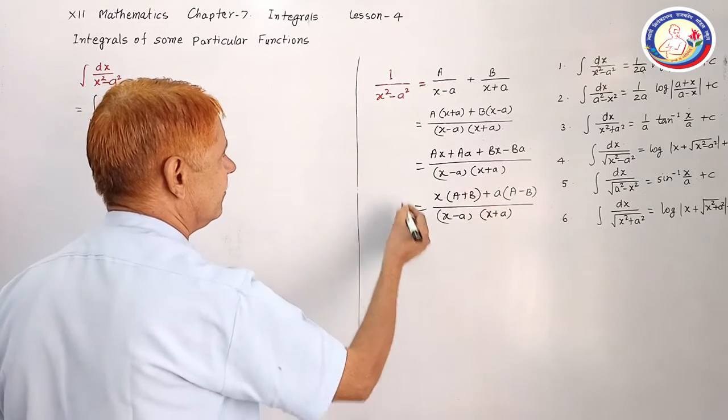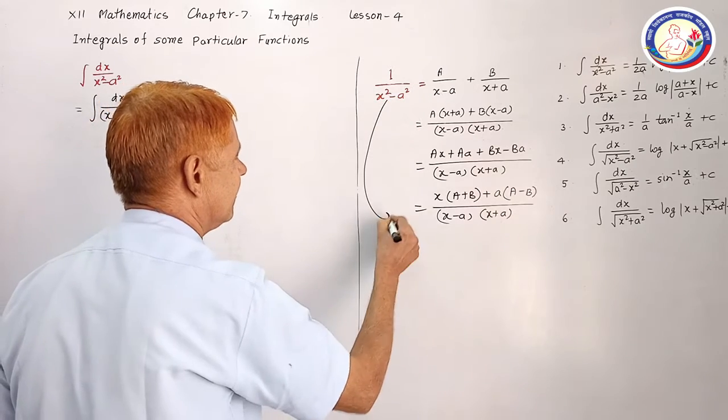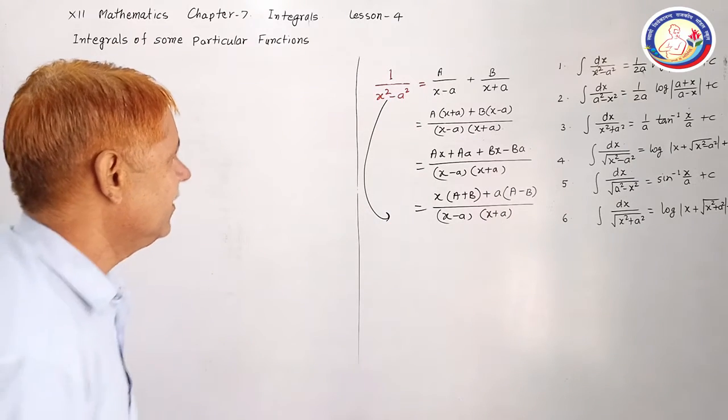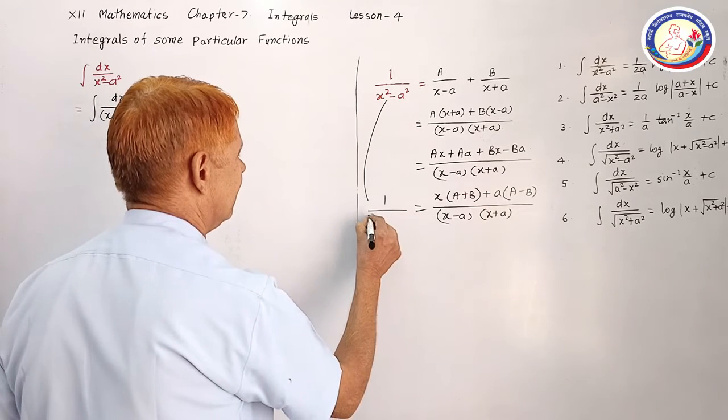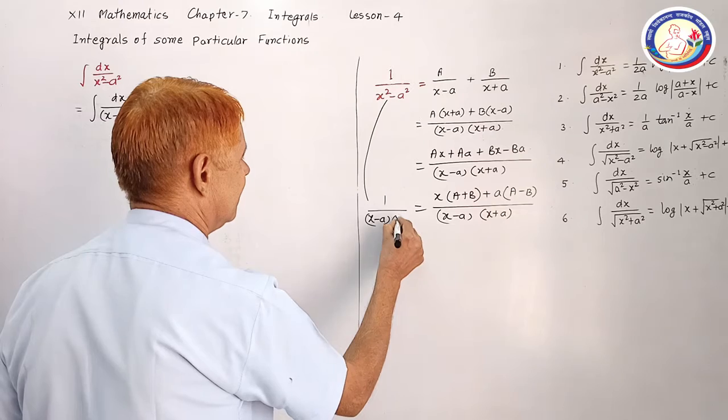Now equate these two. We are having here 1 upon x minus a into x plus a.